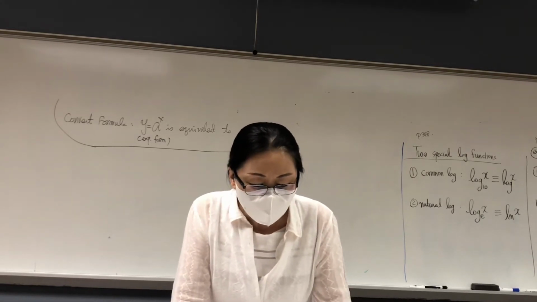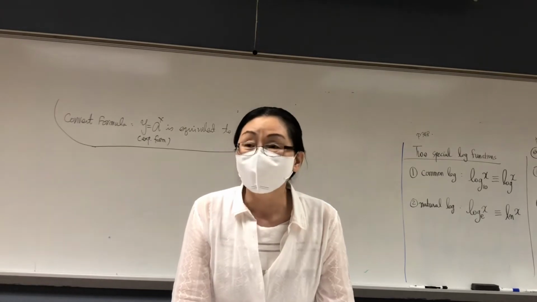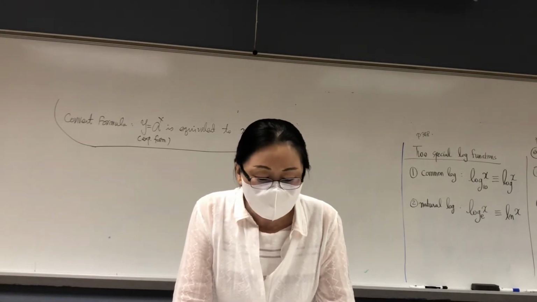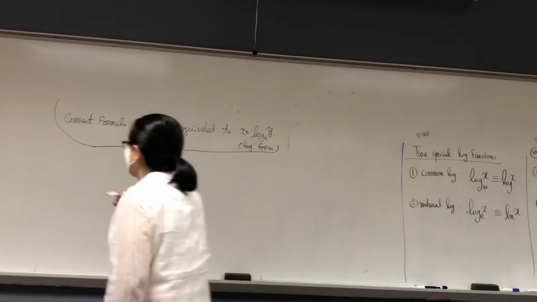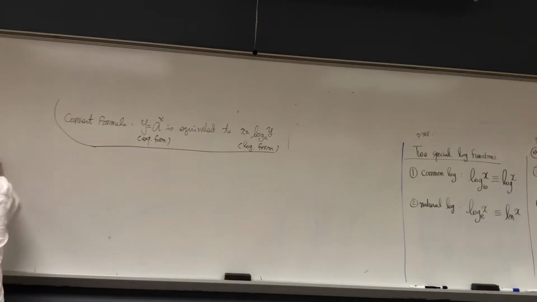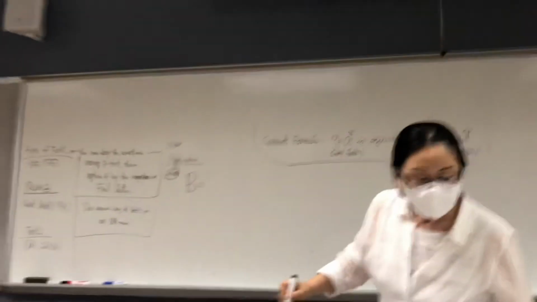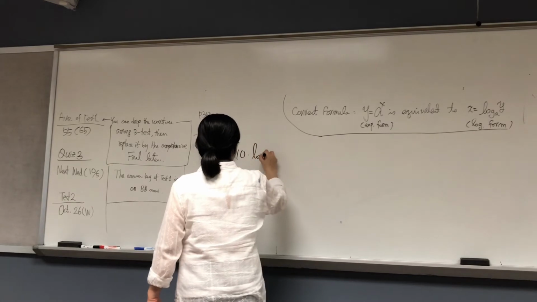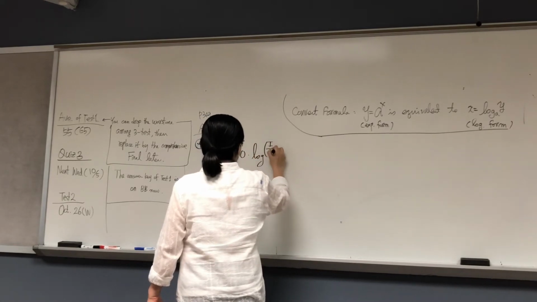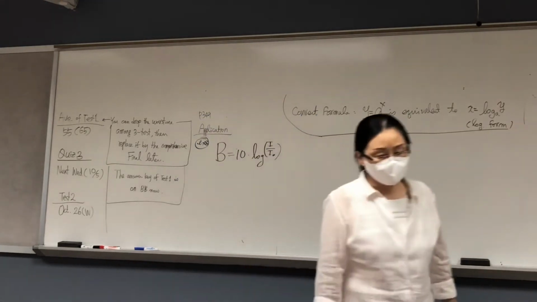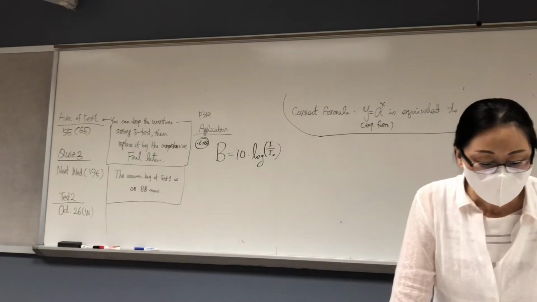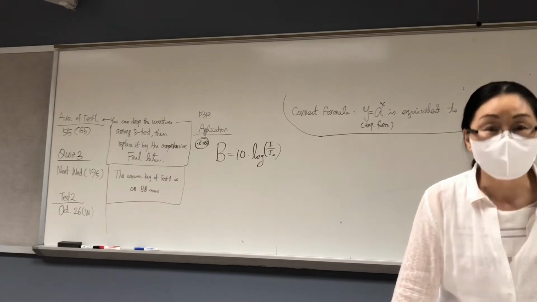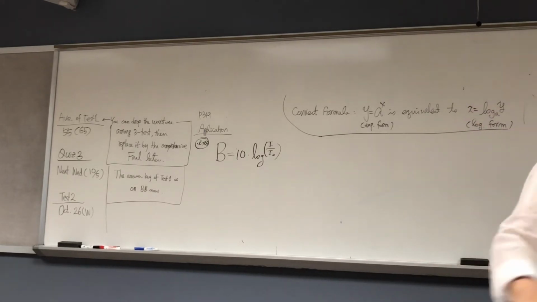The perception of the loudness B in decibels of a sound with physical intensity I is given by the model B equals 10 log of I over I0, where I0 is the physical intensity of a barely audible sound.